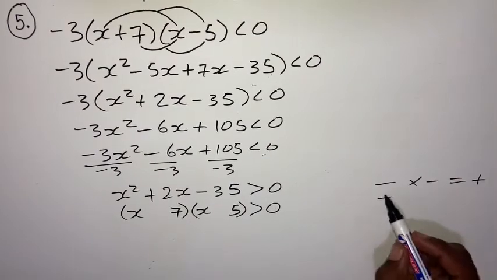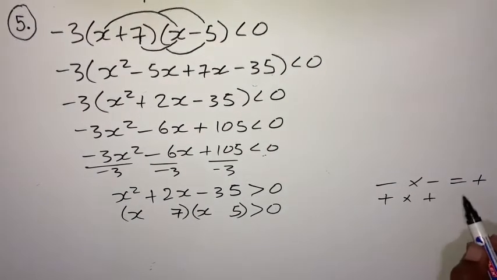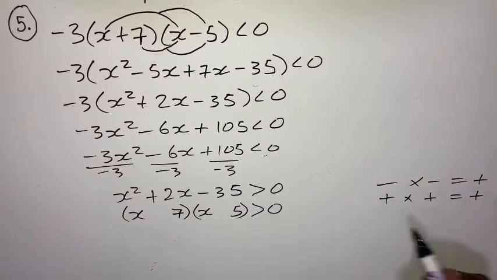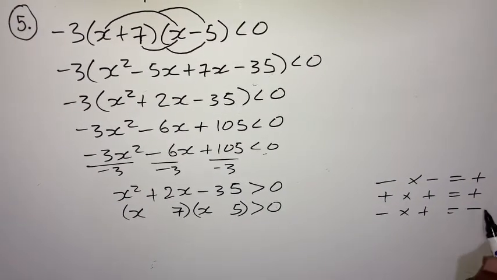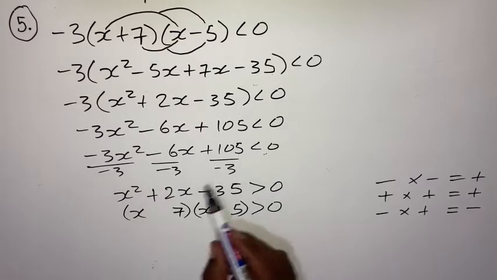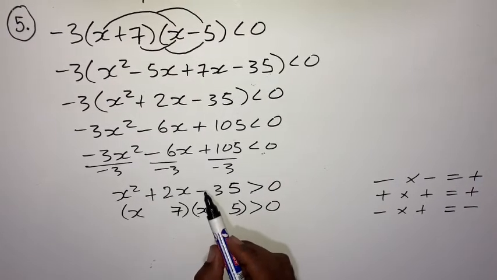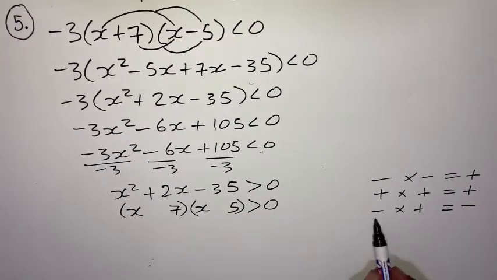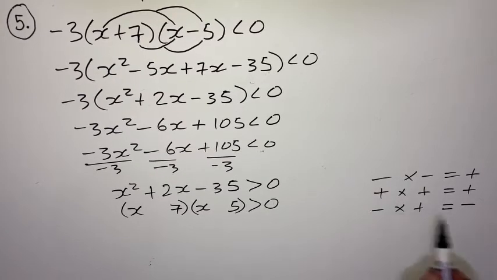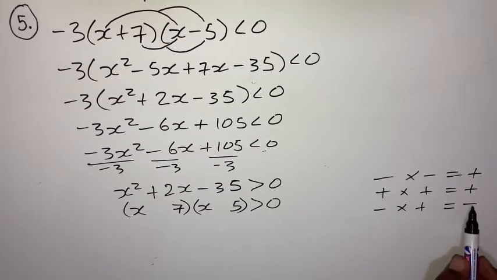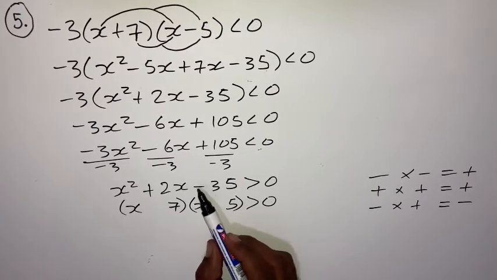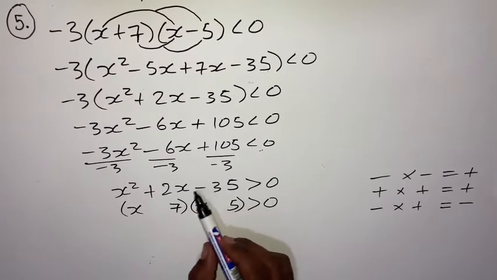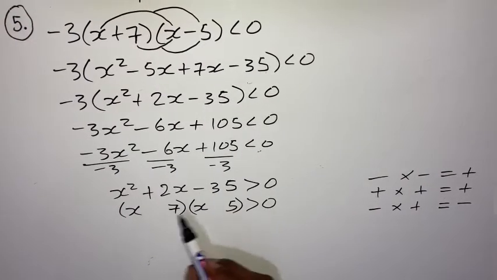A positive times a positive, we get a positive. A negative times a positive, we get a negative. So in this instance, our constant is a negative, meaning that we multiplied two different signs in brackets to get a negative. We treat the sign of our constant as though it's a product sign, so in this instance it's a negative, it means my signs will have to be different in the brackets.